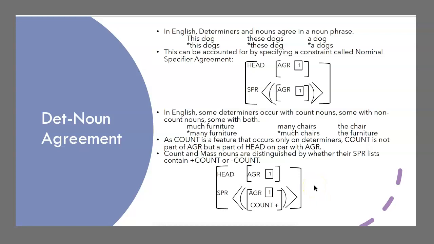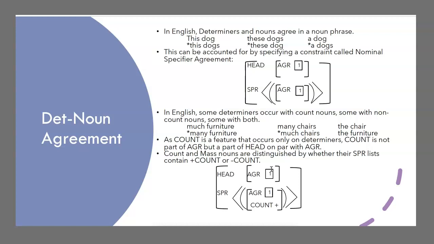Sir, I have a doubt: if we have cardinals as determiners, how do we specify that? They also have count plus as one of their features, right? And AGR will not have it. Yes. AGR will be only number, singular or plural, depending on the number.